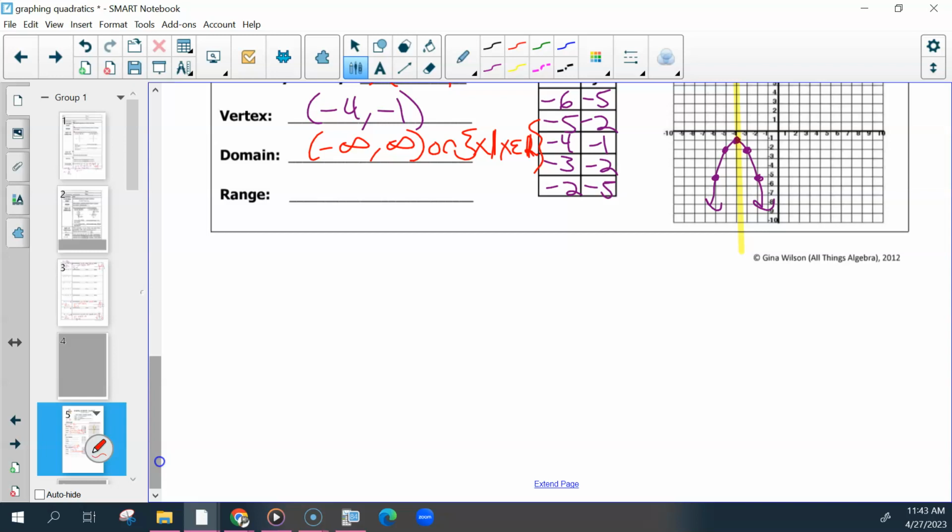So for the range, what's your lowest, what's your highest? Negative infinity.